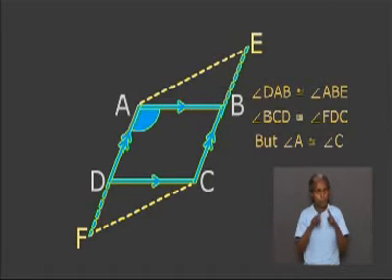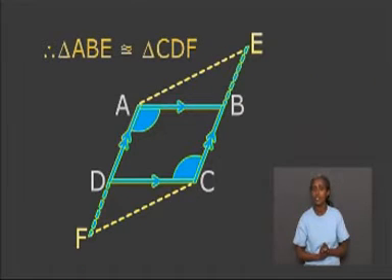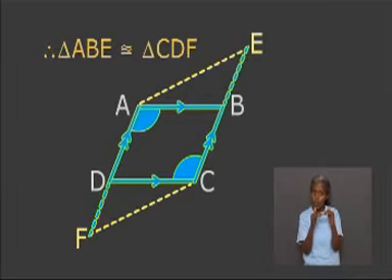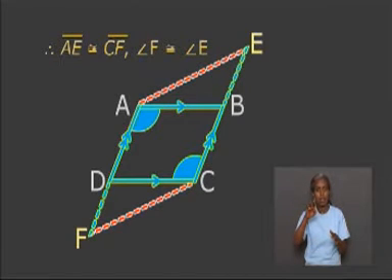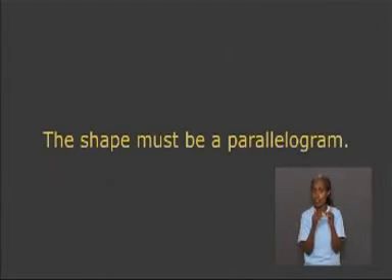But angle A is congruent to angle C. Therefore, the two triangles are congruent in dimension and their complementary angles match. Since AECF is a quadrilateral with opposite angles congruent and two opposite sides parallel and congruent, the shape must logically be a parallelogram.